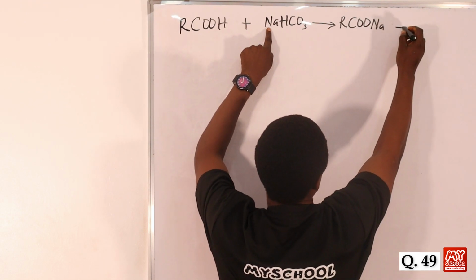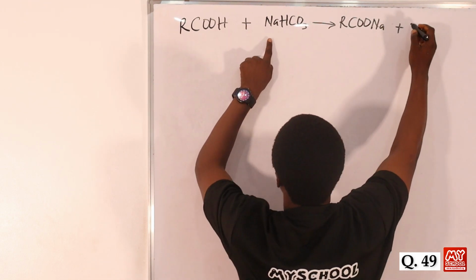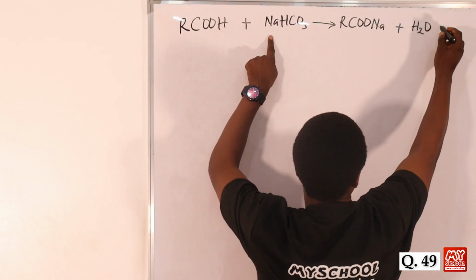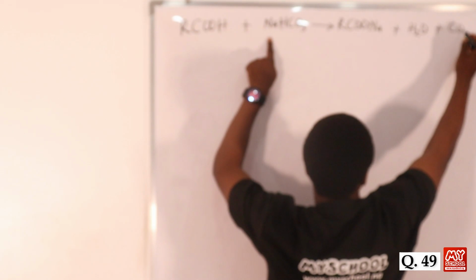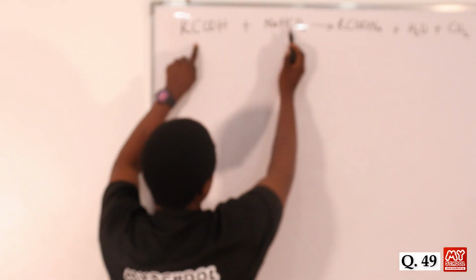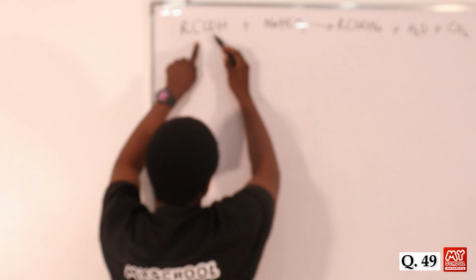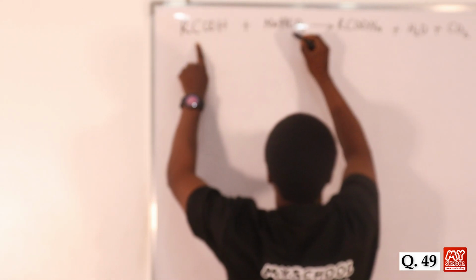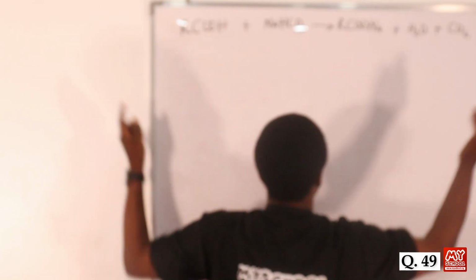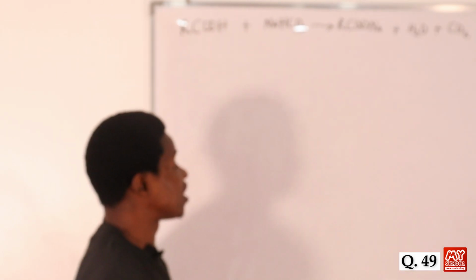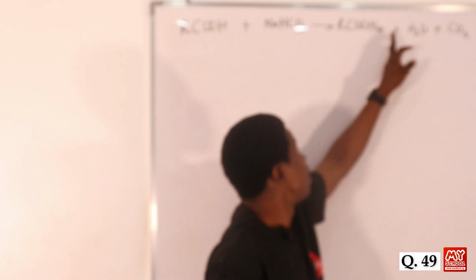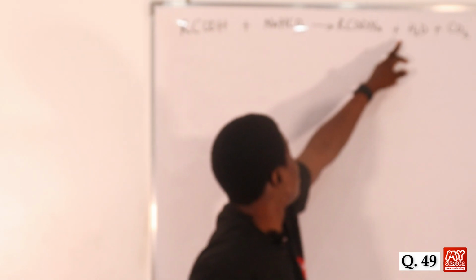We are also going to have H2O, water, formed, and then CO2. Don't forget this is like a base, this is acid, and we have a salt and water, but a gas must be given off because it's a carbonate. Of course, you can balance the equation of reaction. The point is that there is a bubble of gas here, which is CO2, then this is the salt, and this is water that is formed.